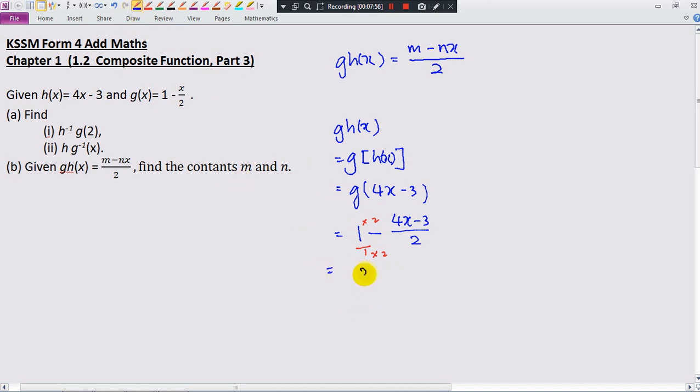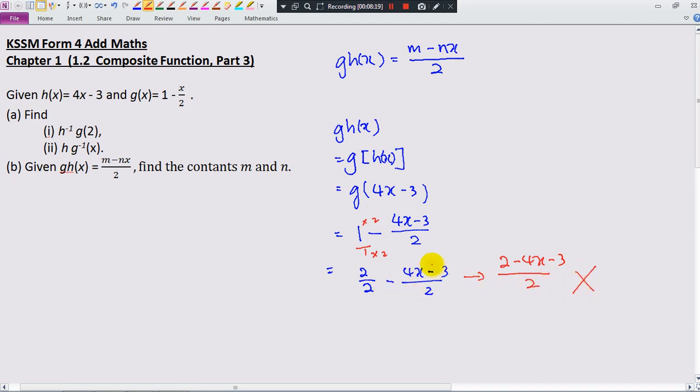So I have 2 over 2 minus 4x minus 3. Under this step you have to be careful. Some students will do this. After this, they might do it this way: 2 minus 4x minus 3 equal to 2. This is actually not correct. Why?